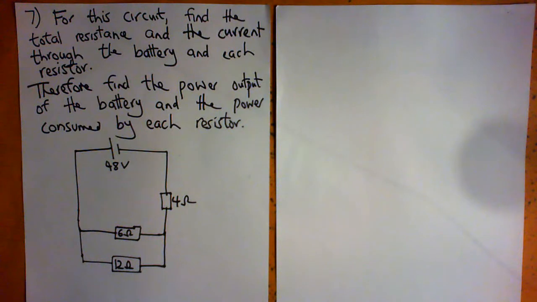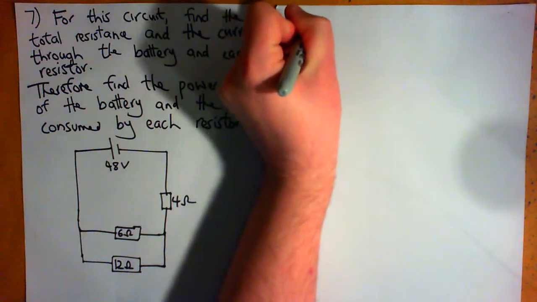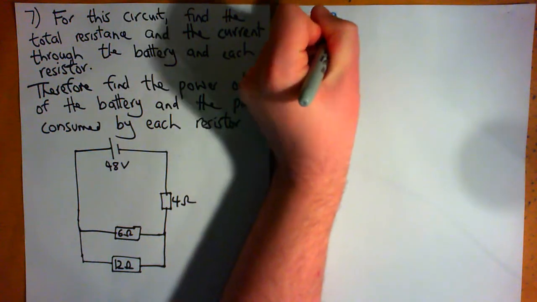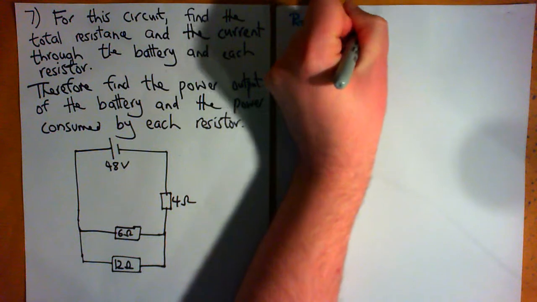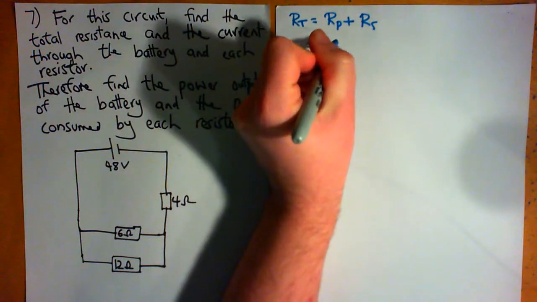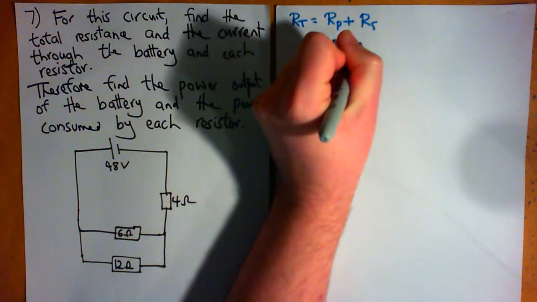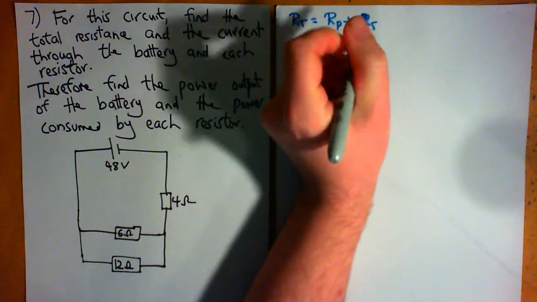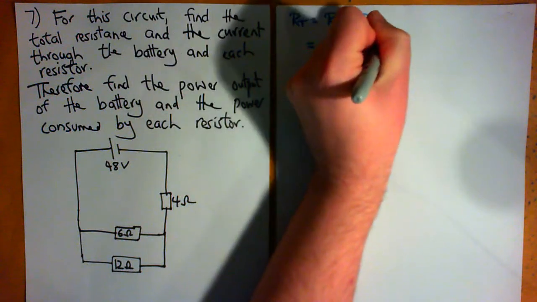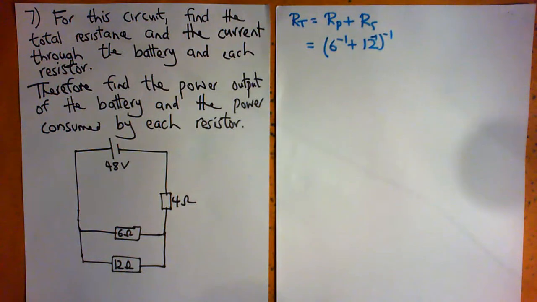So we need to work out the total resistance of the circuit to begin with. Total resistance is going to be the resistance of the parallel part plus the resistance of the series part. The resistance of the parallel part is going to be (6^-1 + 12^-1)^-1.